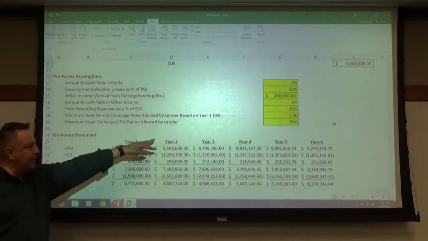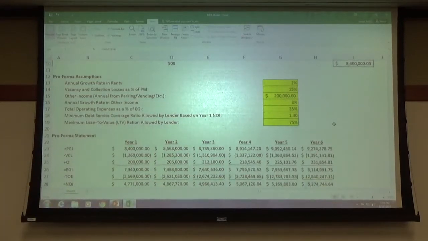And if it has a 2% growth rate, this is where you multiply it by itself, which is multiplying by 1 and then adding in the growth rate of 2%. That should give you the 8,568,000. Does it? Okay. Does that make sense, everybody?